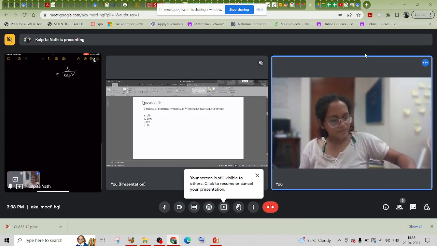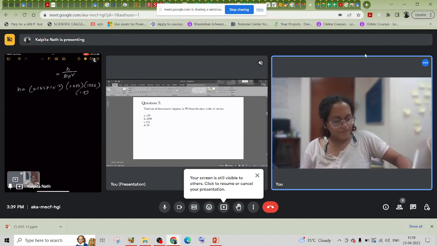Now h is equal to 2.133 into 10 to the power minus 3, 1.087, 1008, 2.8, which is equal to 6.54 watt per meter square per Kelvin.